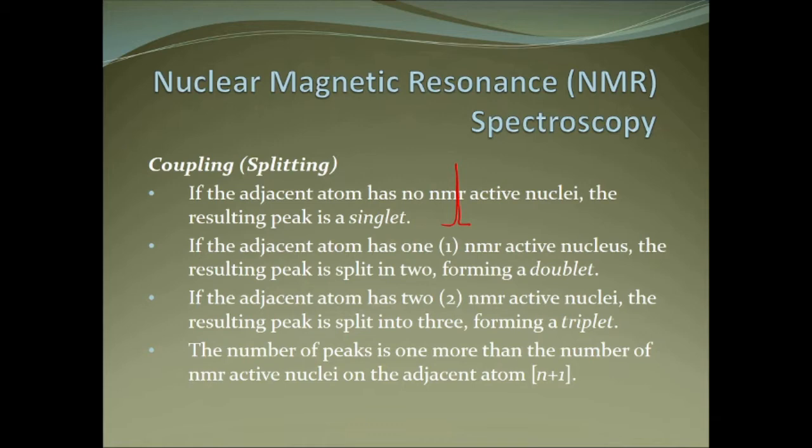Gets split into 2 peaks. If there are 2 neighboring hydrogens, it gets split into 3 peaks, something we call a triplet. And the number of peaks is 1 more than the number of NMR active nuclei on the adjacent atom. And this only applies, of course, to what we're going to be looking at as symmetrical peaks.